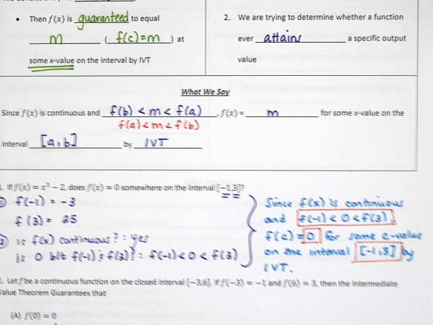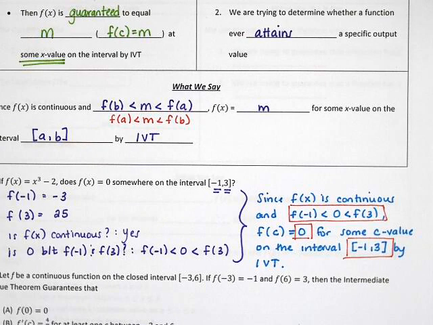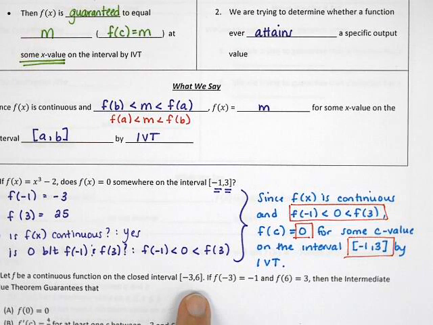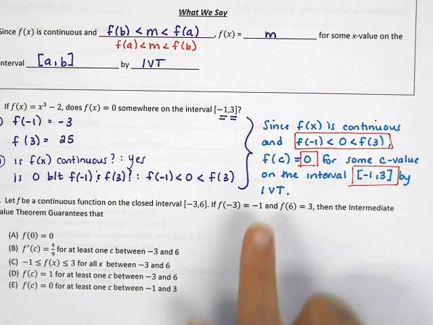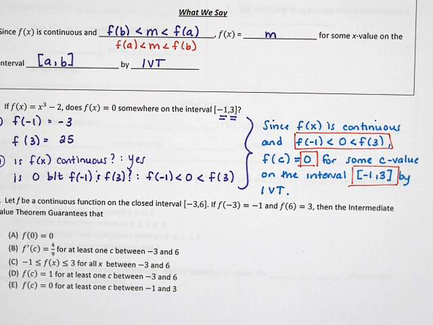It said, let f be a continuous function on the closed interval between -3 and 6. If f of -3 is -1 and f of 6 is 3, then the intermediate value theorem guarantees which of the following?